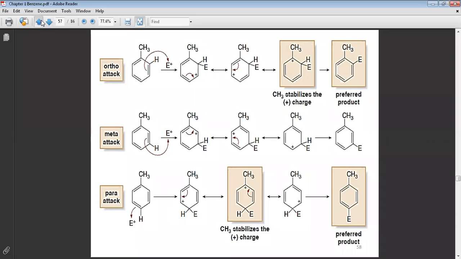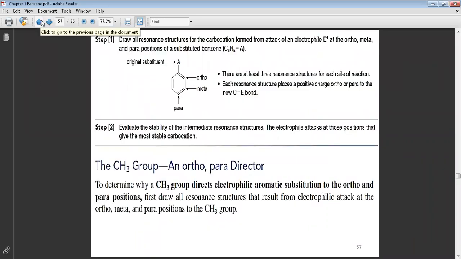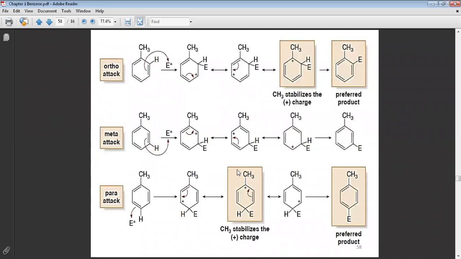Do we have resonance structures? Yes, we have resonance structures. Before, look, there are at least 3 resonance structures. This will open to make a double bond here, and the carbocation will be converted to here.